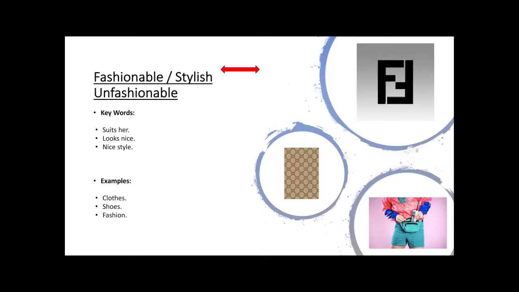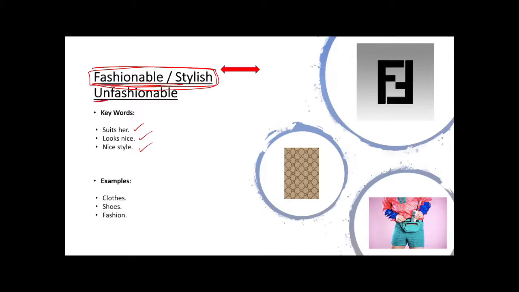Next we have fashionable and stylish. These 2 words here have the same meaning, good fashion or good style. So if something looks nice, if someone has a nice style, or she has a new dress and it suits her, it looks good for her, we could say she's very fashionable, she's very stylish, I like her style.